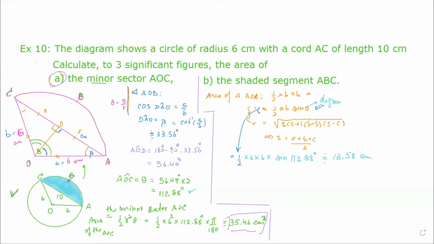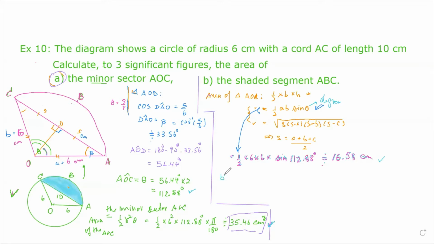Maybe I can use pink here, because blue is going to represent the segment, so I change this one to blue. We get 1/2 times 6 times 6 times sine 112.88, then you get the answer, approximately 16.58 centimeters squared. Then we take 35.46 minus 16.58, and then you get the shaded blue area.